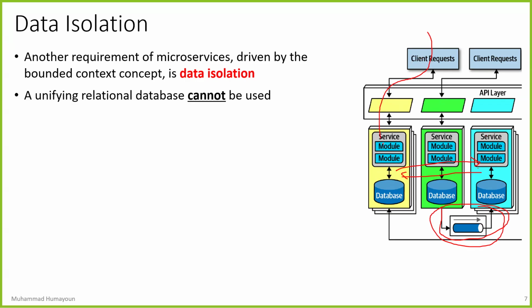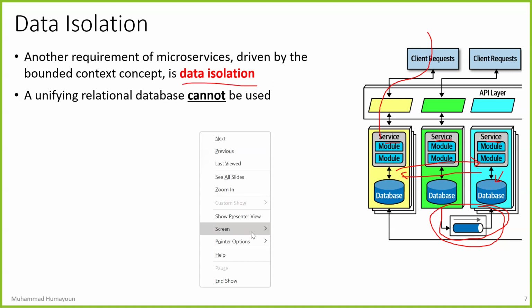But ideally, let's say this service is about employees. This service is about, let's say, account information. This is about data warehouse. So everything about data warehouse will be in this database. Everything about employees will be in this database. So you will separate these databases also. Data isolation, we can call it.